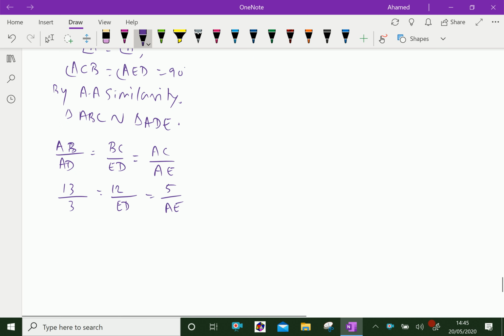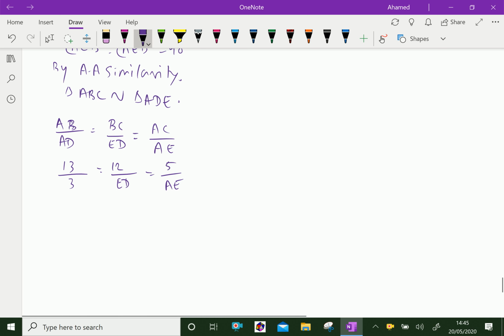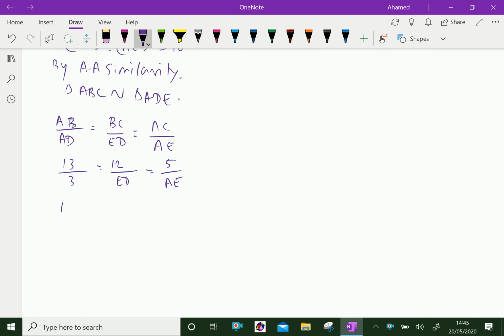Now from the first two ratios we can find ED. 13 DE equals 12 into 3. Therefore DE equals 36 over 13. So ED is 36 over 13.